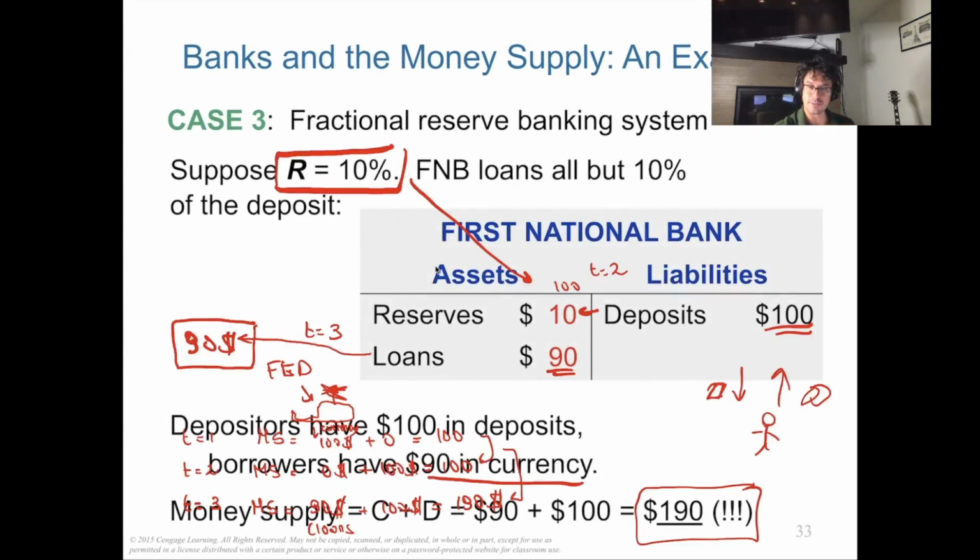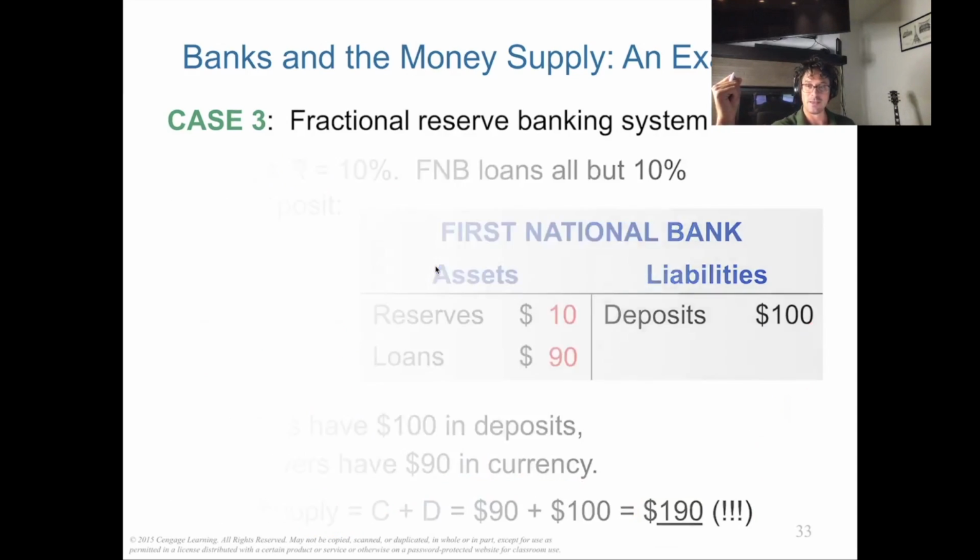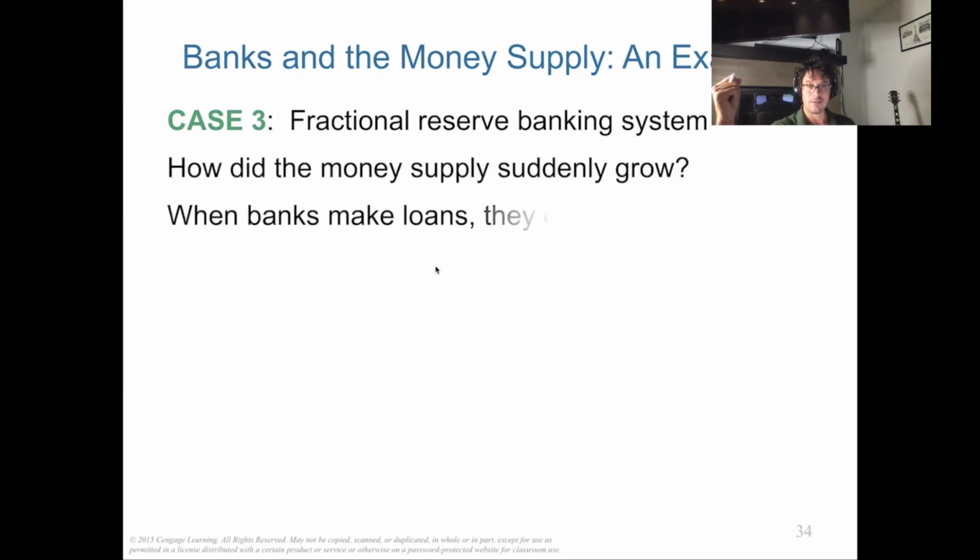Let's suppose that these $90 are borrowed by N. So N received $90 from Chase in order to make some purchase, with the promise of repaying it.